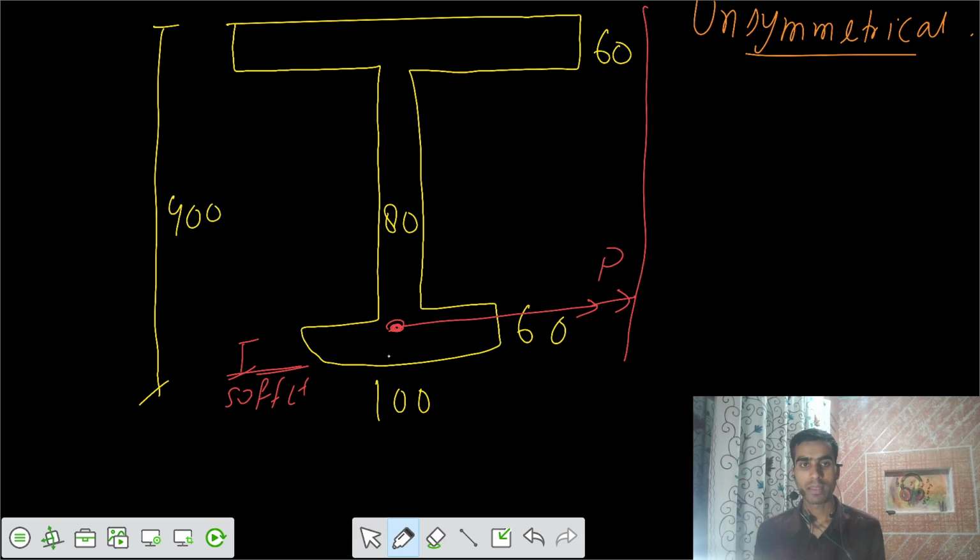That means I have to get the eccentricity from the neutral axis. This is from the bottom, but I need the location of the P force from the neutral axis.